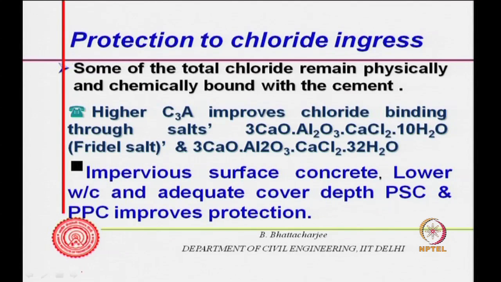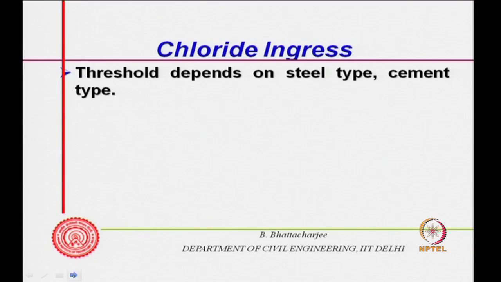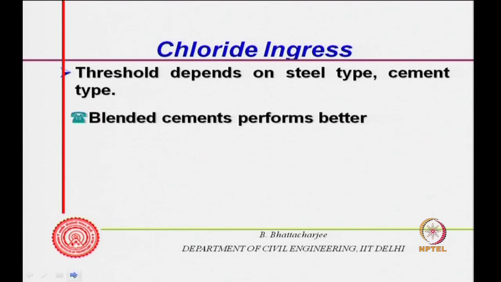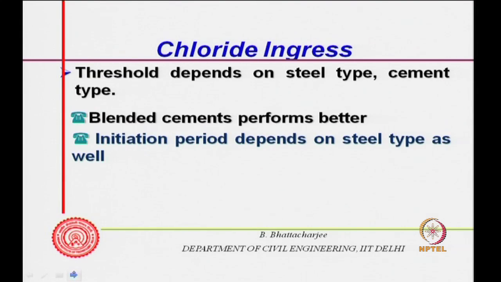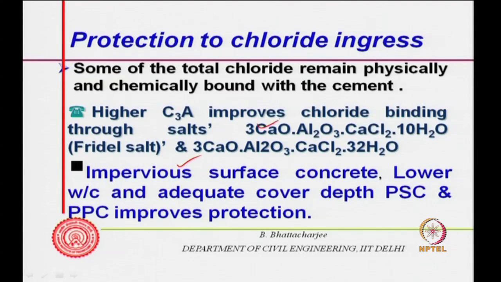We will start with protection. Some of the total chloride remains physically and chemically bound with cement, that is what we said. As we have already seen, blended cement performs better. So, protection would mean impervious concrete. Higher C3A improves chloride binding, but may not do sulphate very well, while slag cement is better for both sulphate as well as chloride.